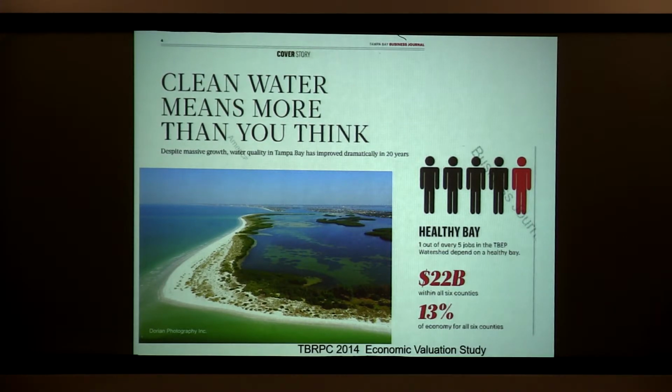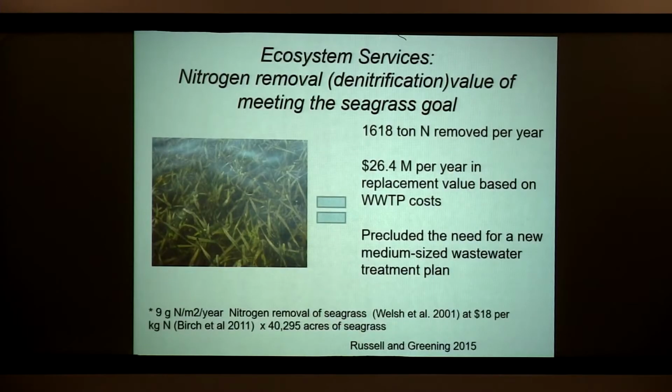Again, another way of reaching realtors, the Chamber of Commerce, many people that we have not been able to reach in the past. We've also taken a look at ecosystem services and the nitrogen removal, the seagrass goal.